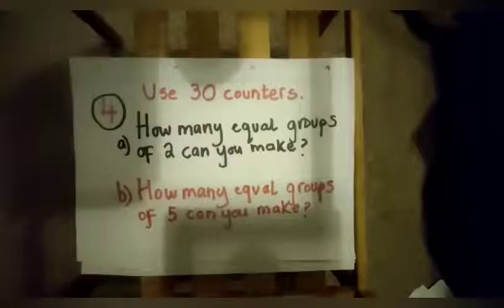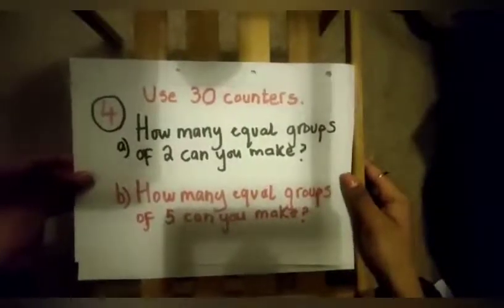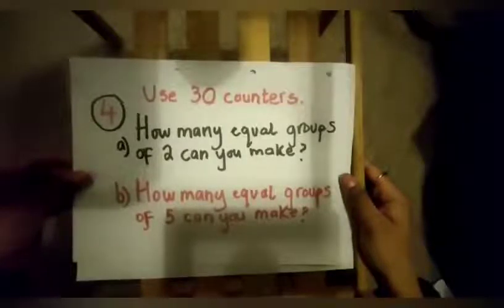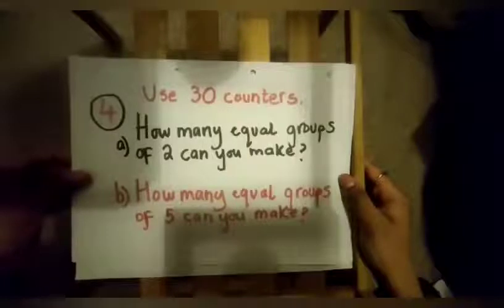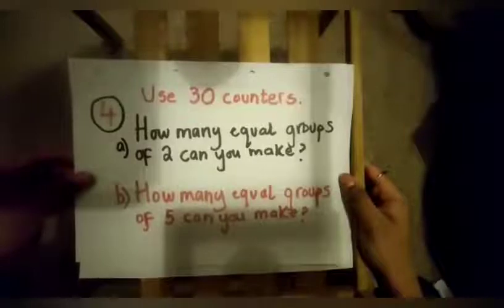Now, to me, that's the same as saying 30 divided by 2, because we're making equal groups of 2. So if we divide 30 by 2, how many groups do we have? So I want you to pause the video and complete that division.